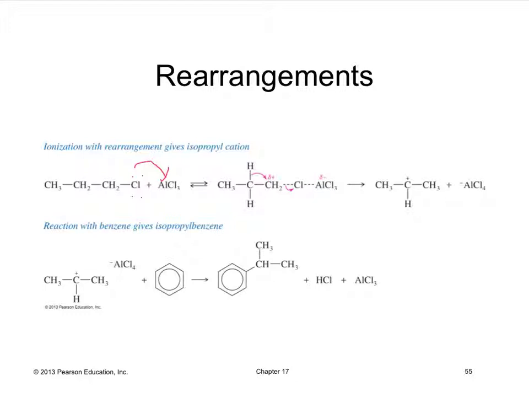Complex then wants to react where the chlorine wants to leave, but in addition to the chlorine leaving, the proton, or the hydride, moves over, generating your carbocation over here, the more stable carbocation. This will then react with the benzene to generate isopropyl benzene.